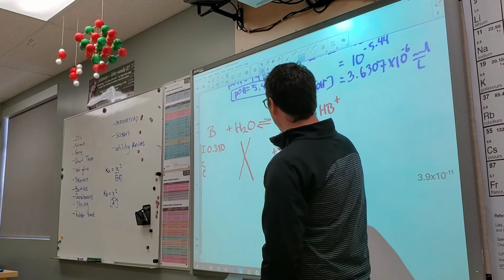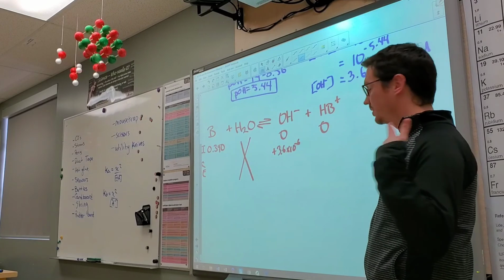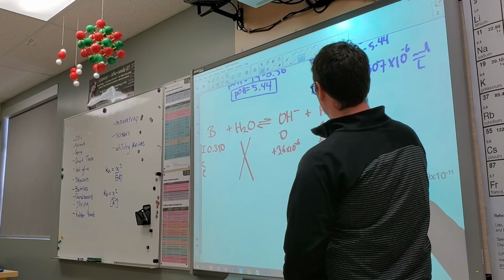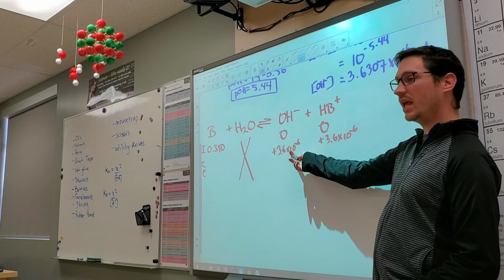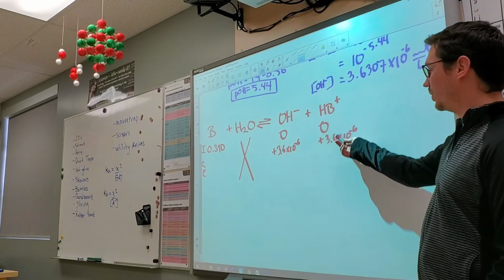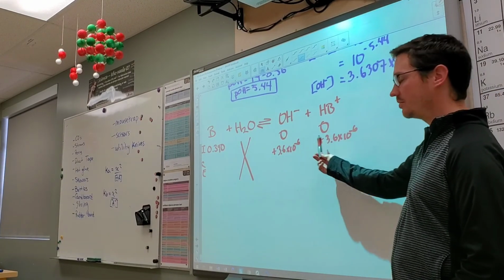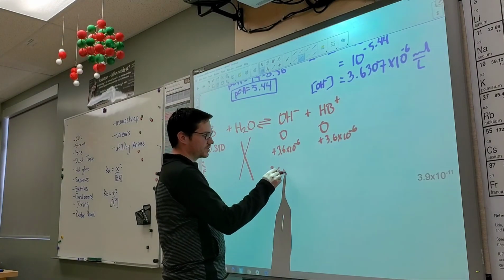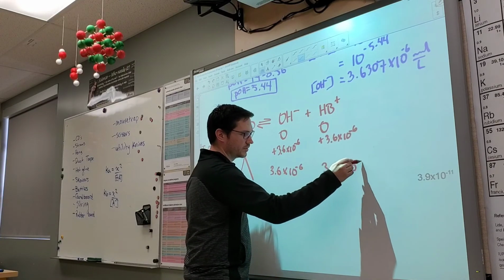So we gained 3.6 times 10 to the negative 6. I'm just doing this because we're kind of running out of time. Would you agree for every hydroxide we gain, we have to gain a weak acid, right? These numbers will be the same. So we're left with 3.6 times 10 to the negative 6 and 3.6 times 10 to the negative 6.